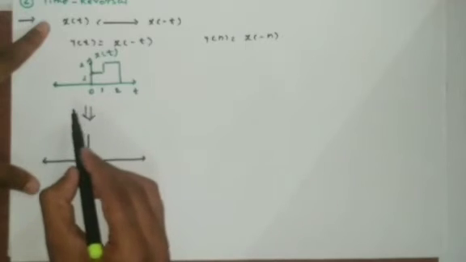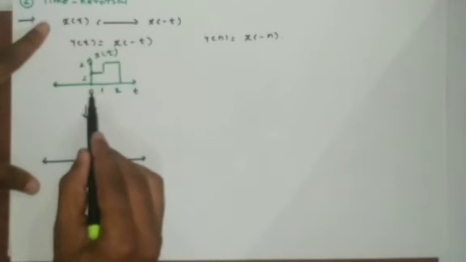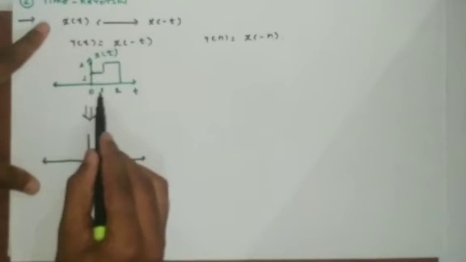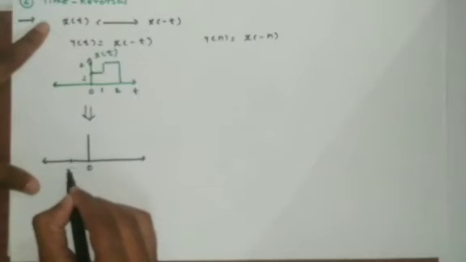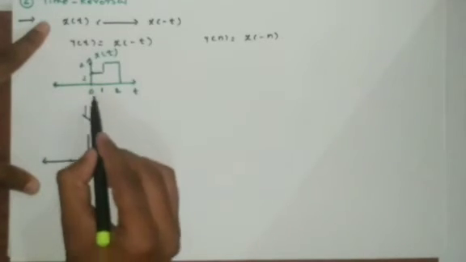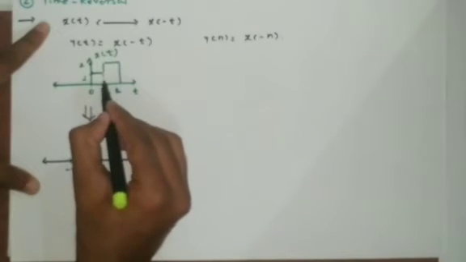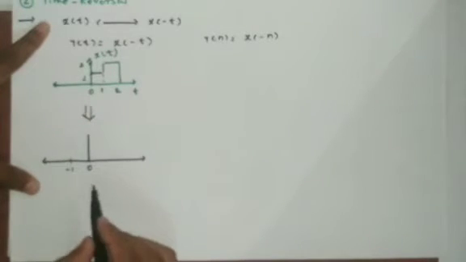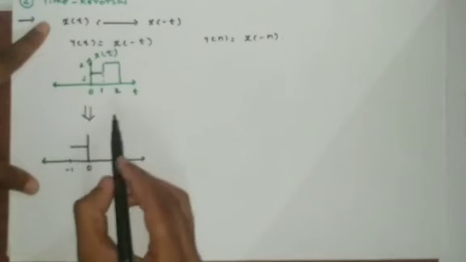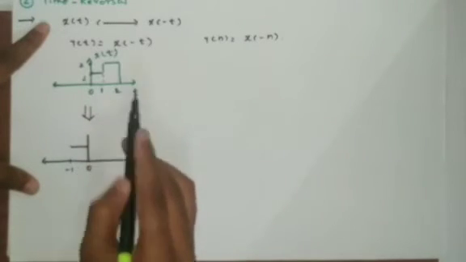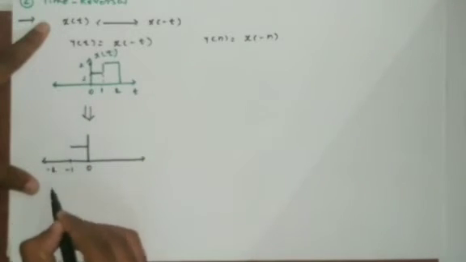Let us start with the range from 0 to 1. Now this is 0 to 1 positive, it becomes 0 to minus 1. So this is 0, this is minus 1. Now in case of 0 to 1, we have an amplitude 1 that remains the same for 0 to minus 1. Now let us come to the next range, 1 to 2, it becomes minus 1 to minus 2.